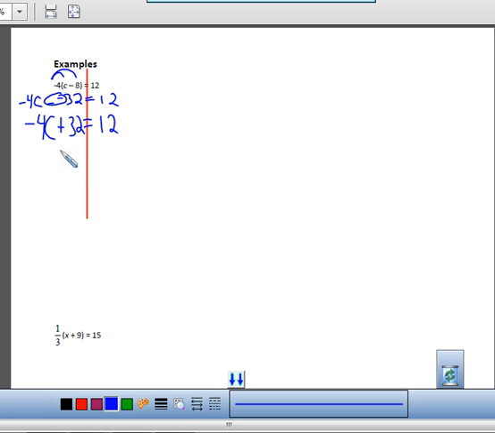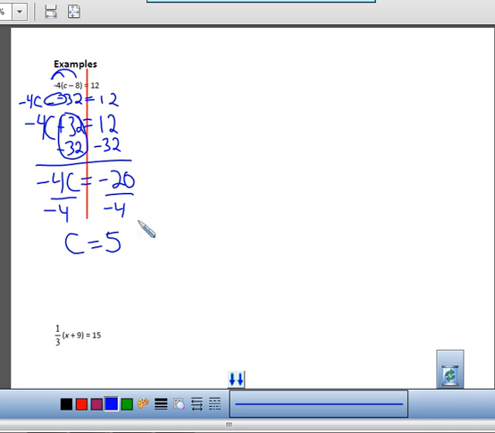So now I'm going to subtract 32 from both sides. And when I do, I get negative 4c equals 12 minus 32 is negative 20. Divide both sides by negative 4. And c equals, a negative divided by a negative is a positive, 20 divided by 4 is 5.